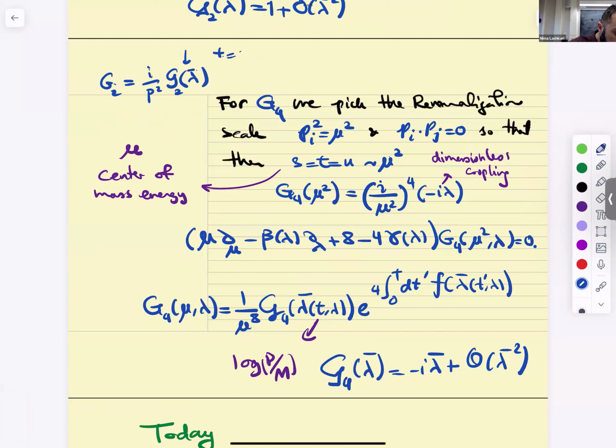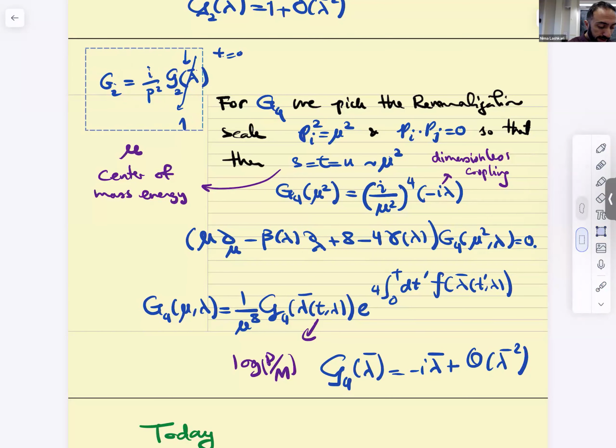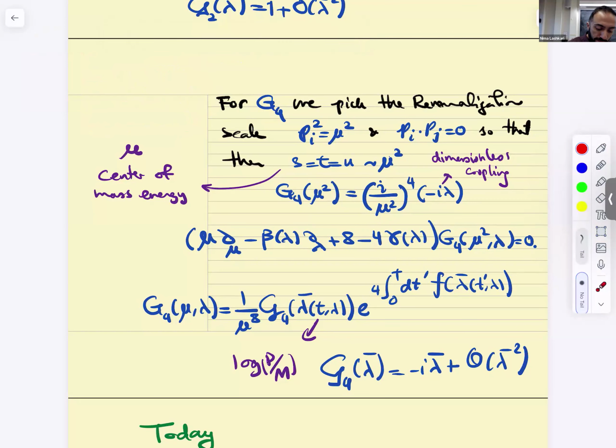But when t is equal to 0, this term is 1. That's my normalization condition. This is similar to that. So instead of p squared here, because you're dealing with a 4-point function, I'm just going to put this scale. That's my scale of interest. G4 is dimensionful, right? And that's my renormalization condition. Good.